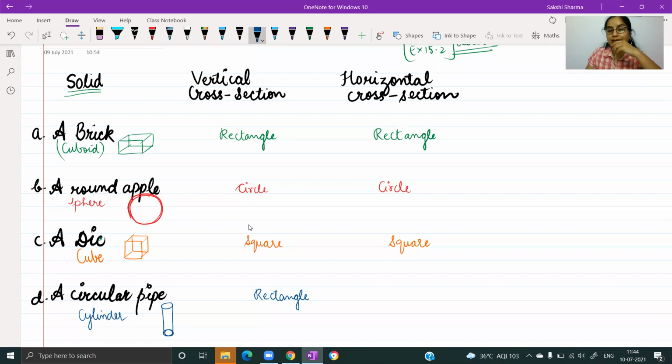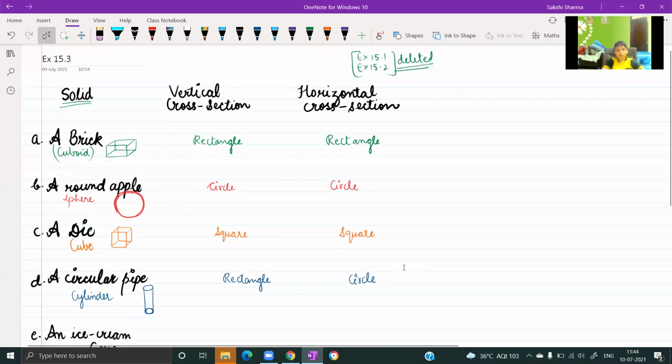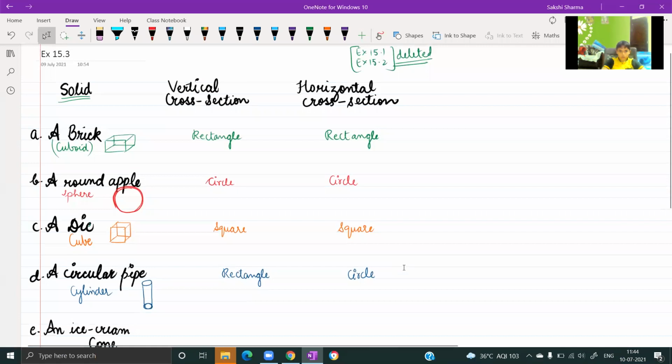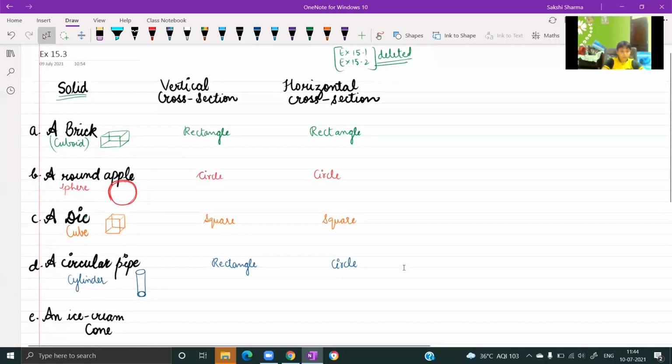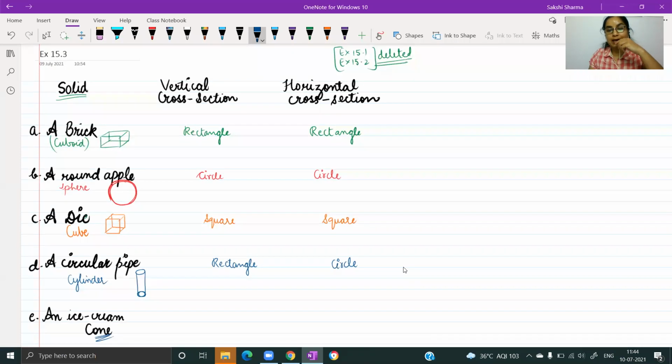Vertically, you will get a triangle. हाँ ट्रायंगल। An ice cream cone, as the name says, ये cone बनेगा आपके पास. You can draw inverted cone or a simple regular cone. If we cut it vertically, you will get a triangle.